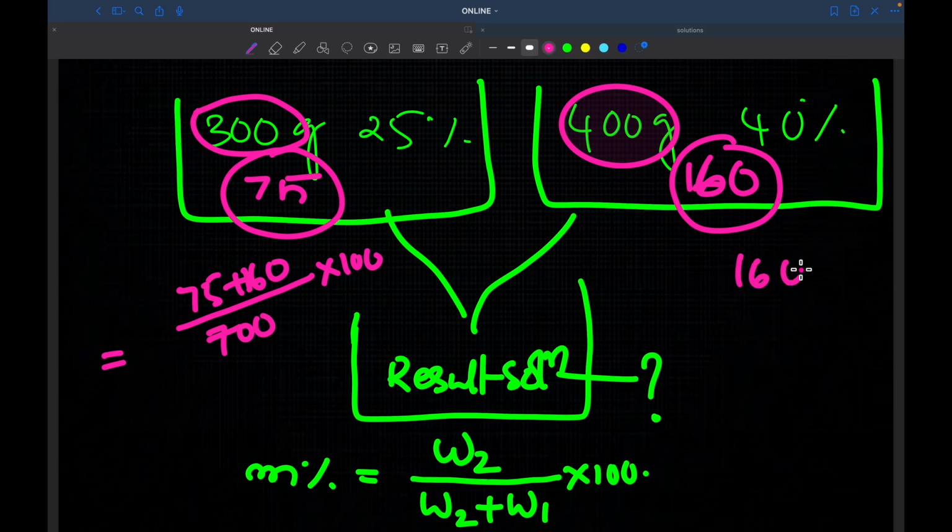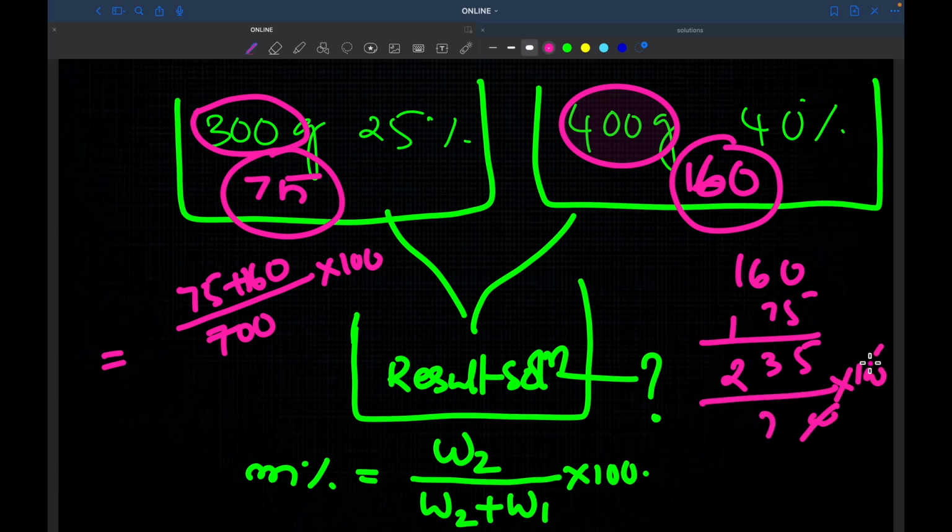So we have 160 and 75. So this is 235 by 7, right? Into 100, 100. The zeros get cancelled. This one is the answer.